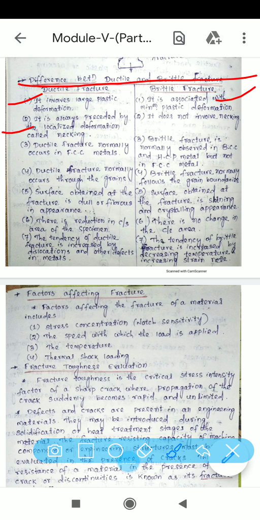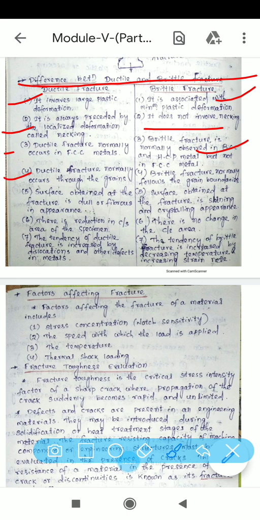Second point, ductile fracture is always preceded by localized deformation called necking, but in brittle fracture there will be no necking. Third point, ductile fracture normally occurs in FCC metal, face centered cubic metal, but brittle fracture is normally observed in BCC and HCP. BCC means body centered cubic, HCP means hexagonal close packed.